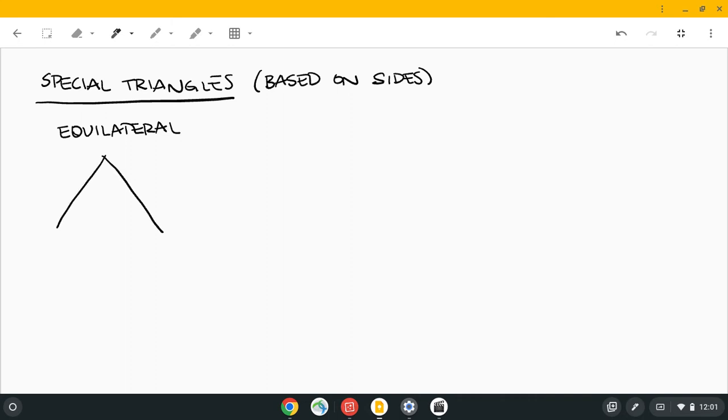All three sides are congruent. Congruent means that they're equal in measure. There's an implication here: if all sides are congruent, then this implies that all angles are congruent.